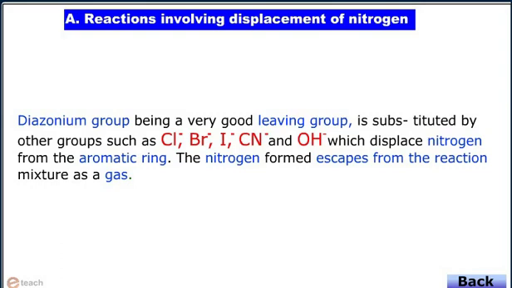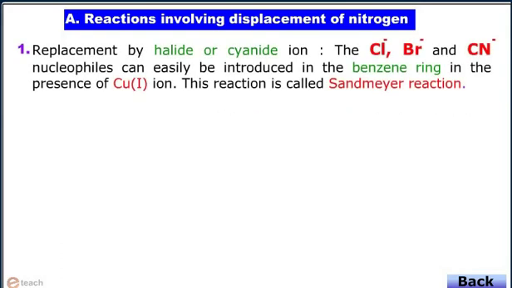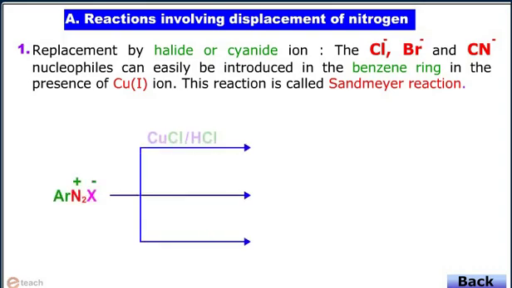The nitrogen formed escapes from the reaction mixture as a gas. Replacement by halide or cyanide ion. The Cl, Br and CN nucleophiles can easily be introduced in the benzene ring in the presence of Cu(I) ion. This reaction is called the Sandmeyer reaction.